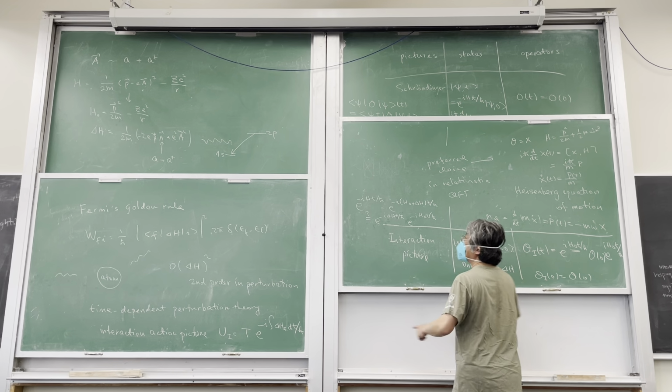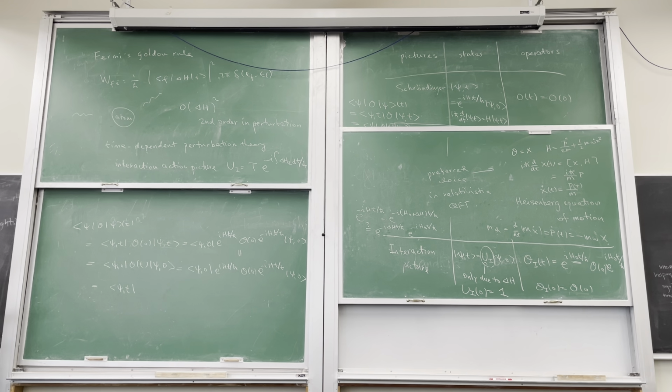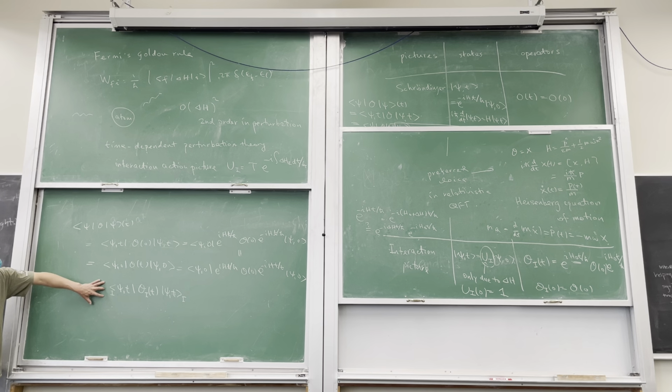And now what we'd like to do in the interaction picture: this is the state that depends on time in the interaction picture. Here's the operator that also depends on time in the interaction picture. And because this is just a change among pictures, this is supposed to be the same as what you get in other pictures.